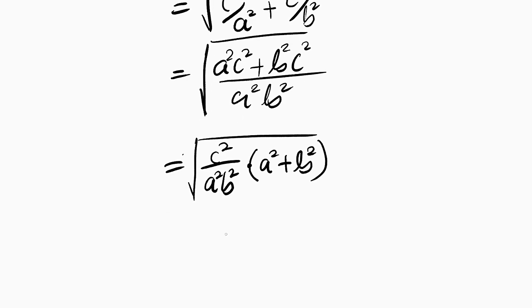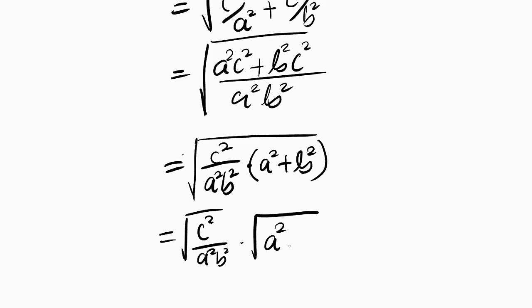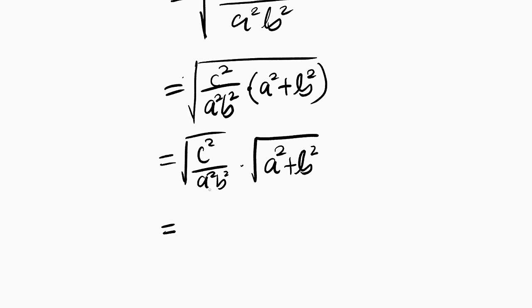So we can also split the square roots. This is the square root of c squared divided by a squared b squared multiplied by the square root of a squared plus b squared. This is equal to, the whole of this is just absolute value of c divided by ab multiplied by square root of a squared plus b squared.